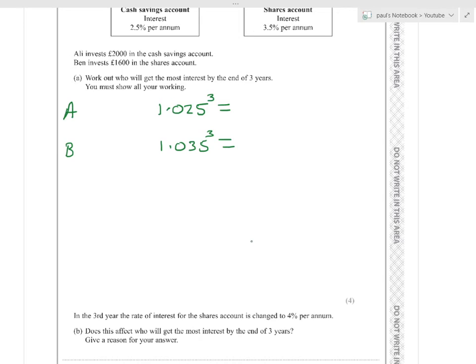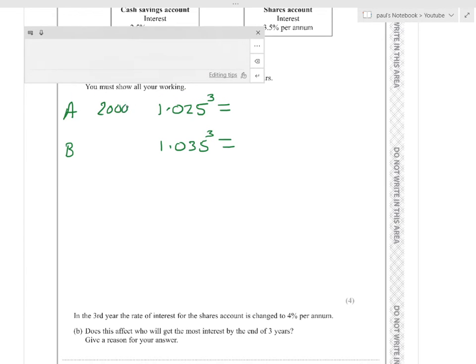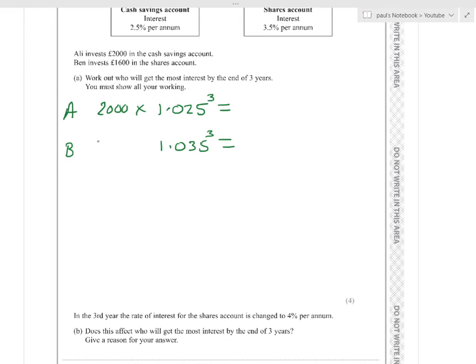So 1.025 cubed. Perhaps I could have worked that out. I'm going to go back to there. Let's do the whole thing again.